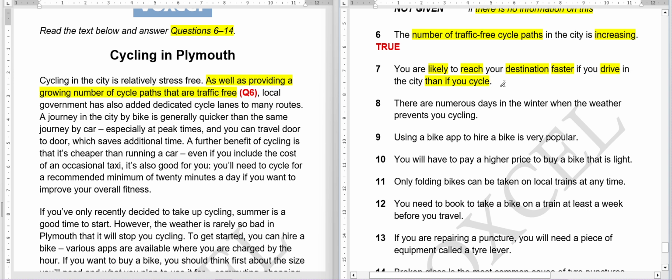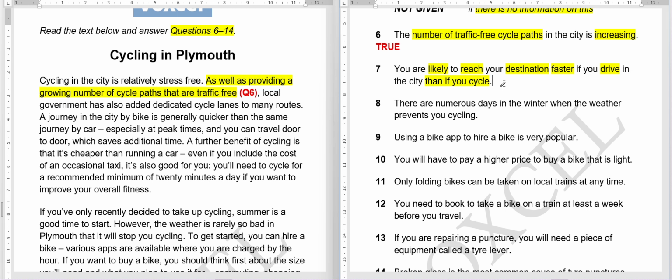But if that is not the case, basically you can reach your destination faster if you cycle than if you drive, then the answer will be false. Or if there is no difference, whether you go by cycle or by your car, you will reach your destination at approximately the same time, even then the answer will be false.